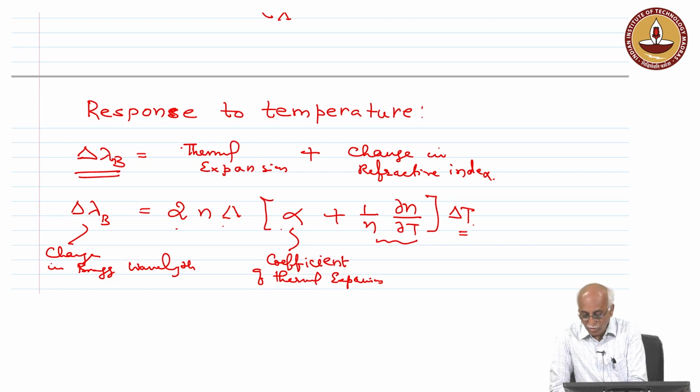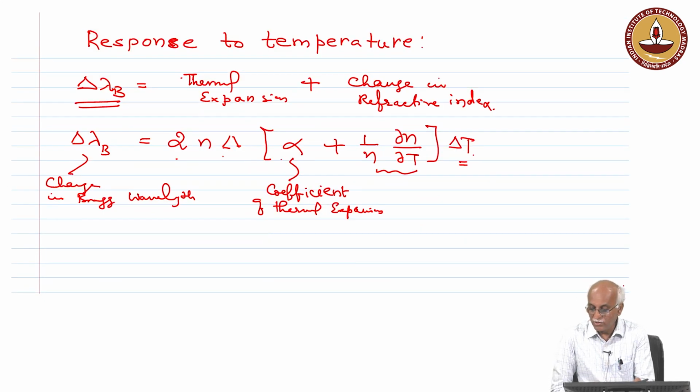For glass, basically silica SiO2 material, the refractive index is approximately 1.45.